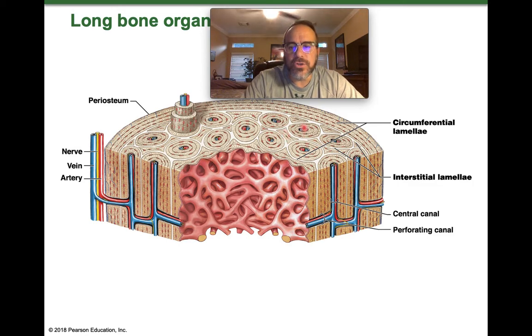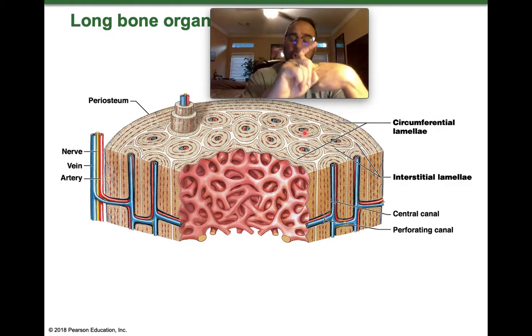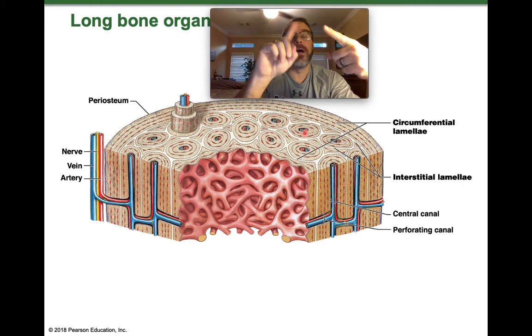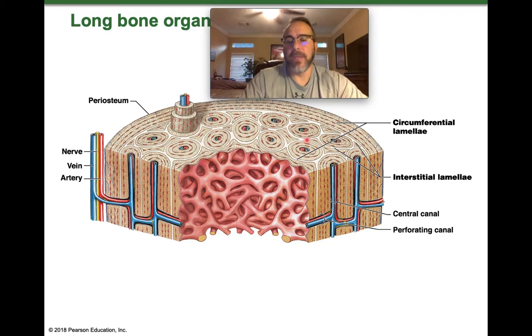Remember, there is a central canal that goes up and down in the concentric lamellae that has a nerve, artery, and a vein. Okay, so this is the central canal. But this central canal is connected to this central canal, and that is called a perforating canal.